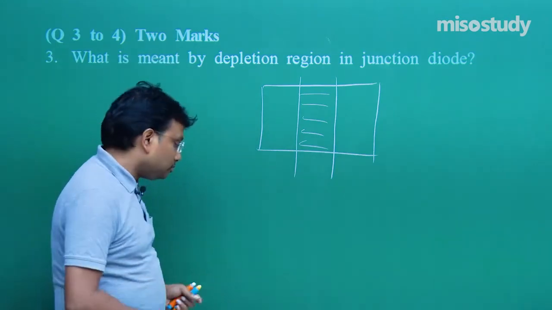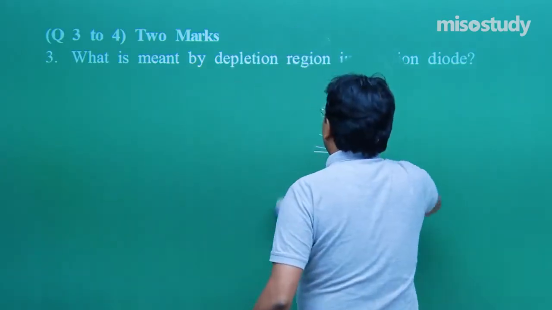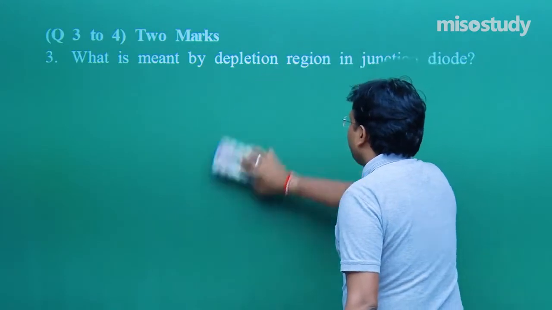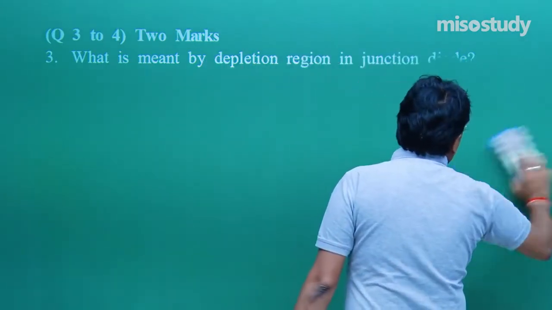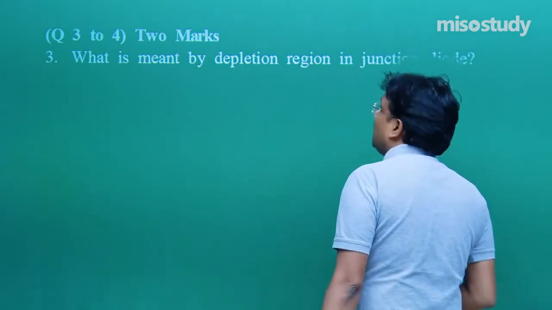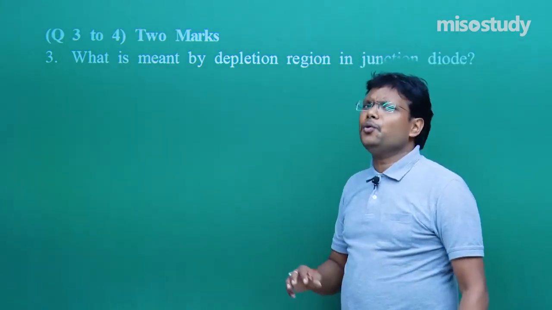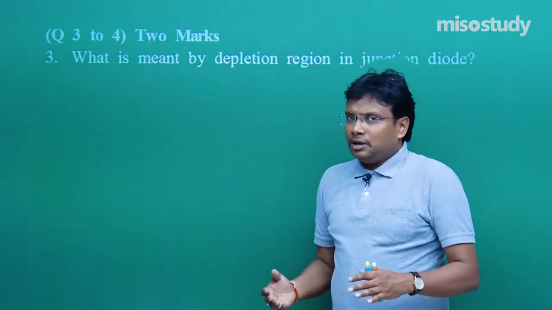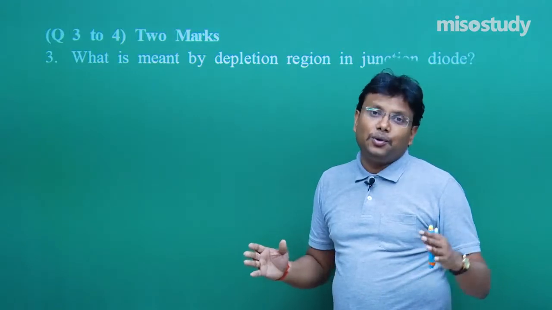Okay. So, this is the question, it is for 2 marks, and here with the help of a simple diagram you have to explain what exactly the meaning of depletion region, and if this question, let us say, is asked in 3 marks, you can also add in case of which combination the width of depletion region is going to enhance.